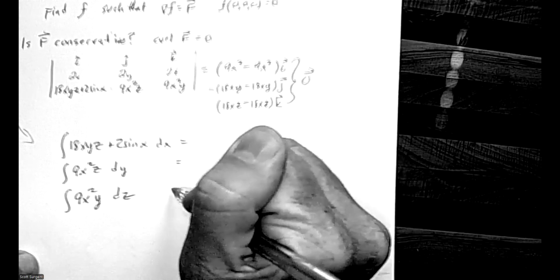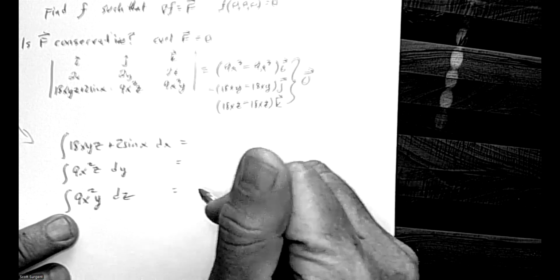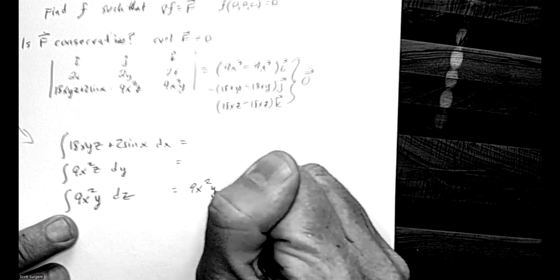I'll do the bottom one here just to illustrate something. In this case, it's just going to be 9x squared yz plus a constant. And I'll just put an underline. You have to remember that you're integrating with respect to z, so there may be some terms here that don't contain z. So I'm going to leave this open as just kind of a blank spot.